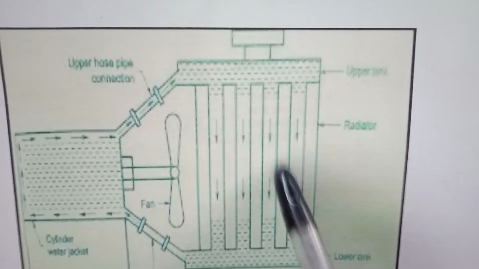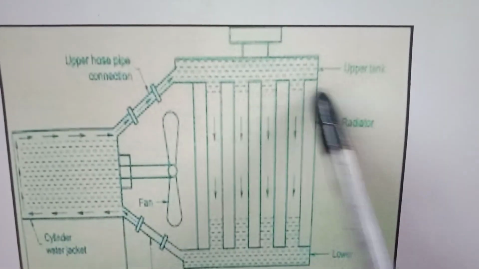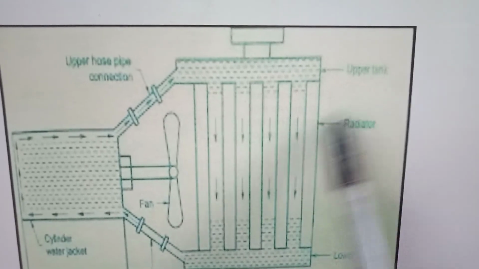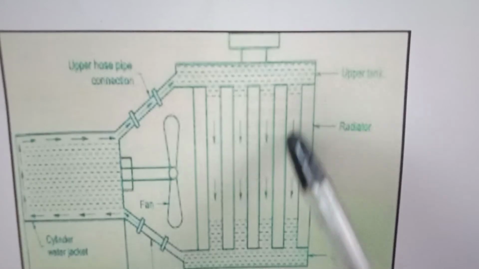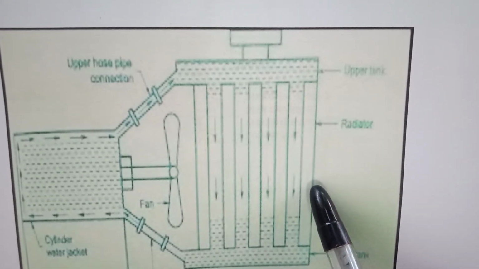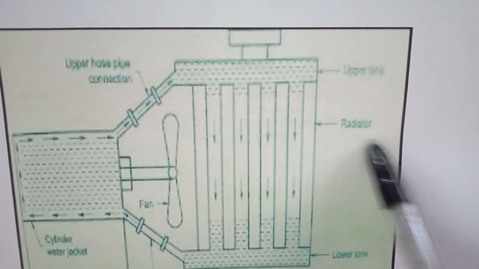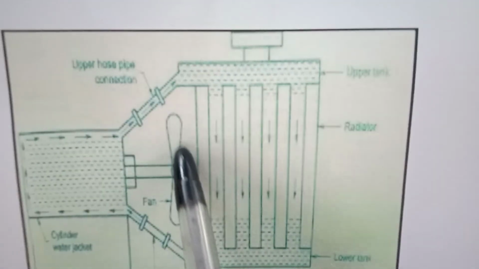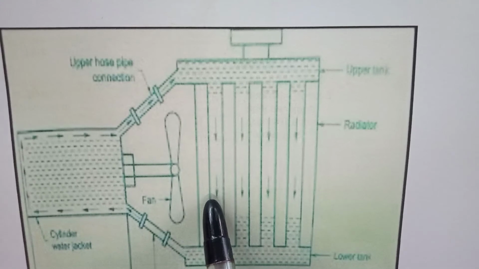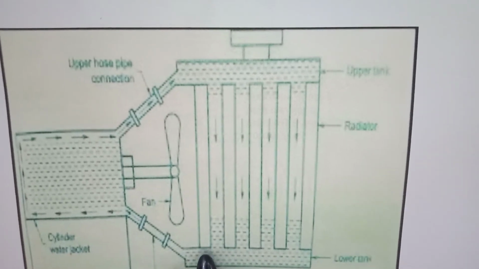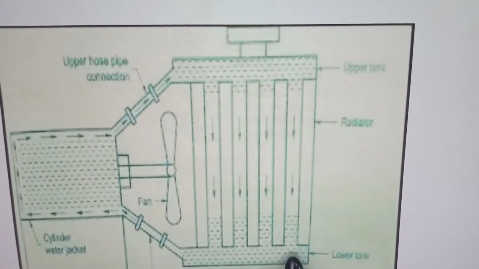There is an exchange of heat by the convection process between the atmospheric air and the surface area. Heat is transmitted by convection to the atmospheric air, and these pipes cool down, which cools the fluid inside, and this cooled water is present in the lower tank.